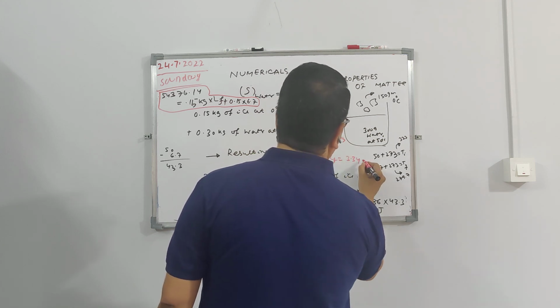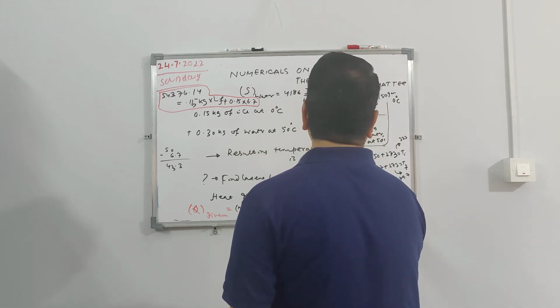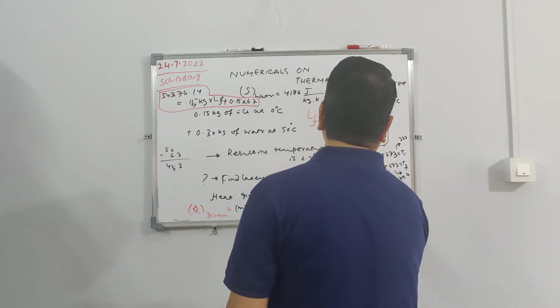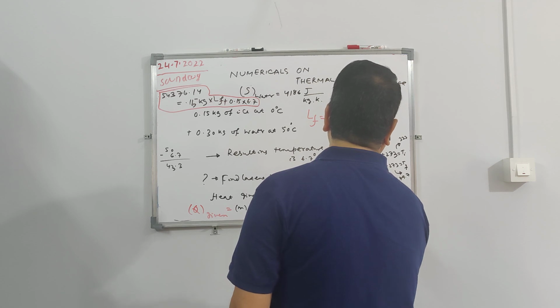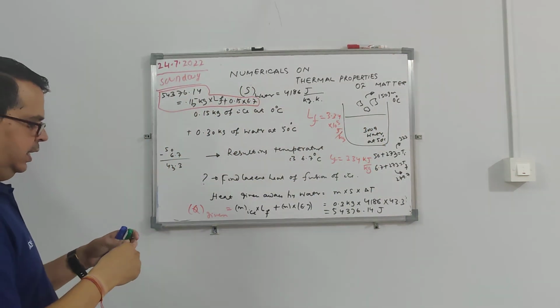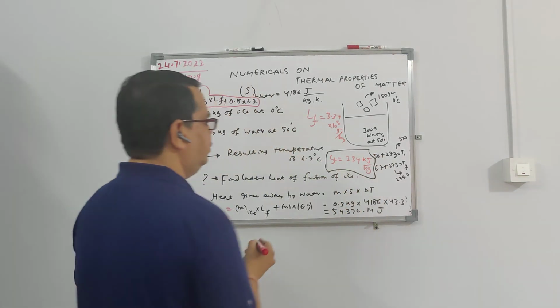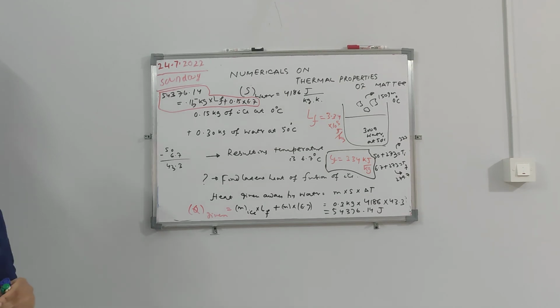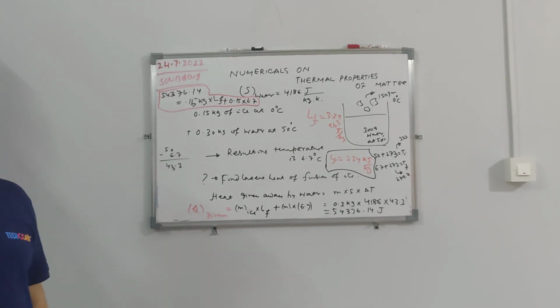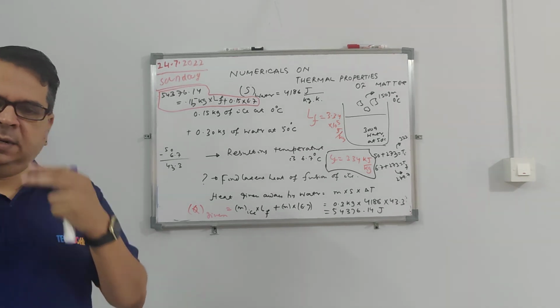If you convert into kilojoule, it becomes 334 kilojoule per kg. So your latent heat of fusion is 334 kilojoule per kg. You need 334 kilojoule of heat to convert 1 kg of ice to water.